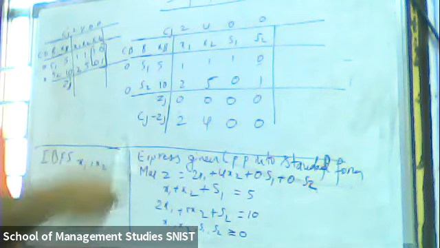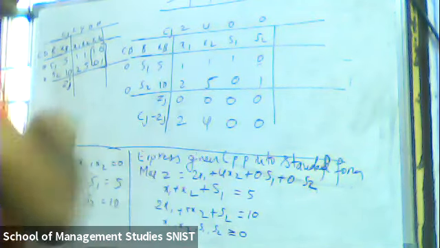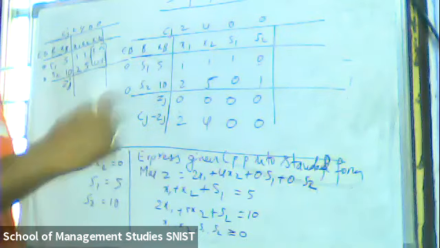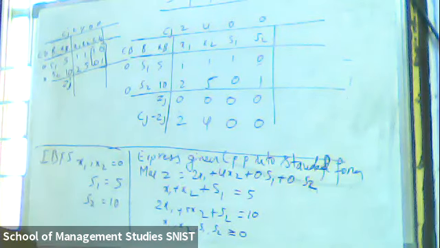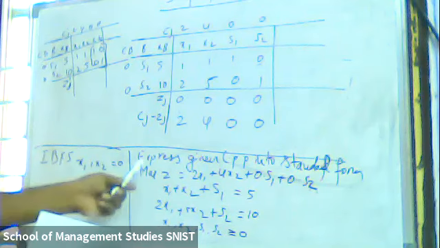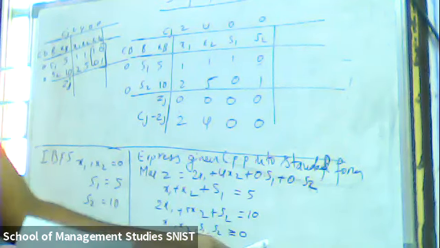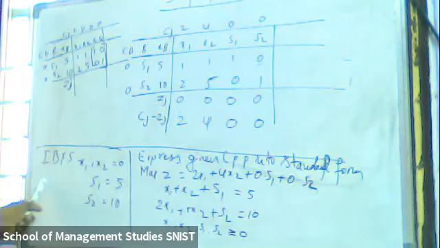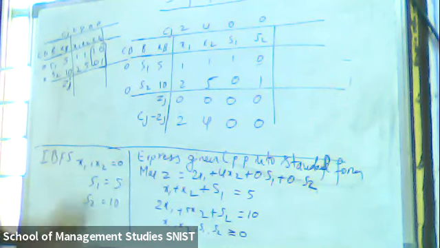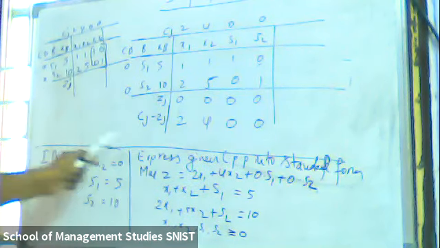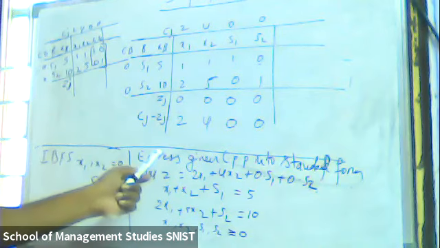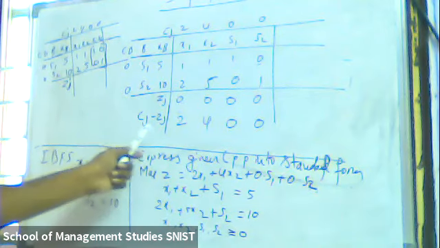If you get any one positive value, then again the next step. So what was the first step which we did in the simplex method? Express the given LPP into standard form. Then after that, the initial basic feasible solution. Then based on this, we made the first simplex table. Now we check the Cj minus Zj values.